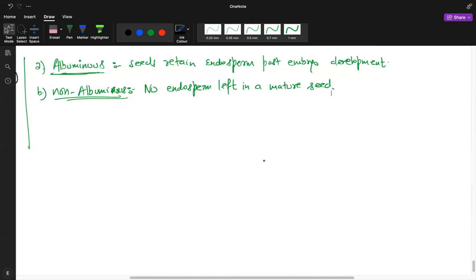I don't know if it's important for you, but just know that sometimes there is a third condition. Do you remember, all of you, the tissue nucellus? Nucellus tissue in the development of the gynoecium, or what should we call the megasporangium? Remember megasporangium development?